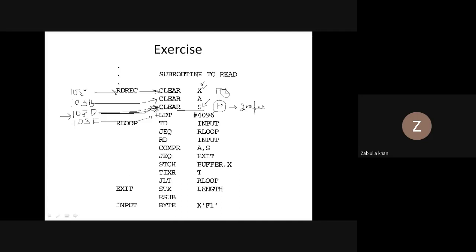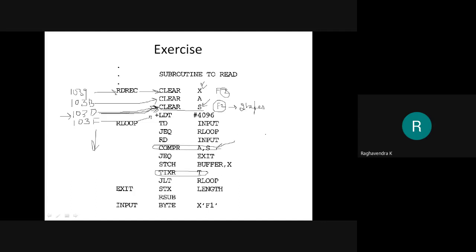Okay, right. Anyways, I hope all of you have continued. Remember, once again, here we have an instruction that uses format 2.